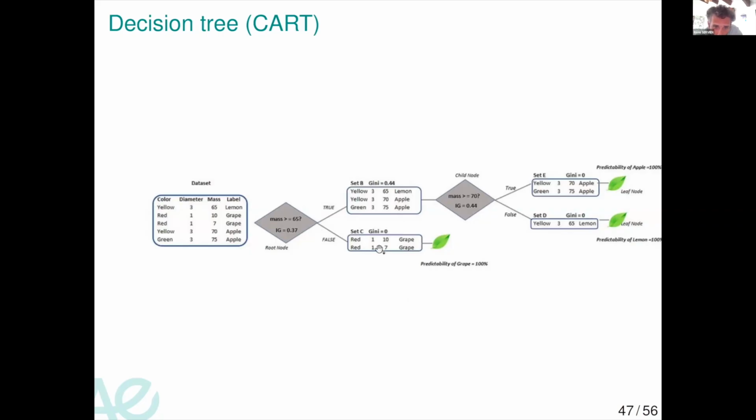And here you could see that this question has already helped to have a pure leaf, because you have only grapes here. But here you will need another question to have pure leaves, because you have lemon and apple, so the leaf is not pure.